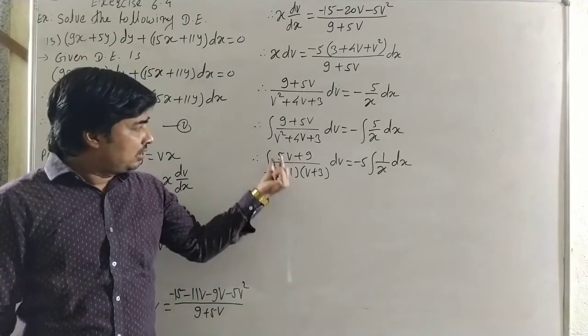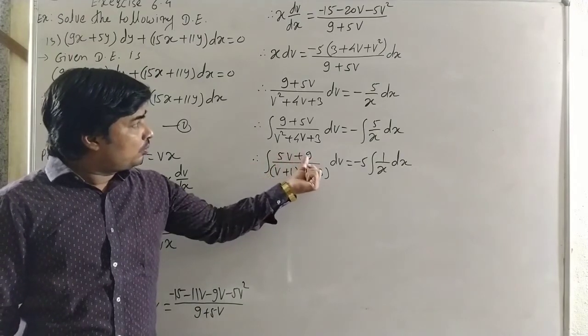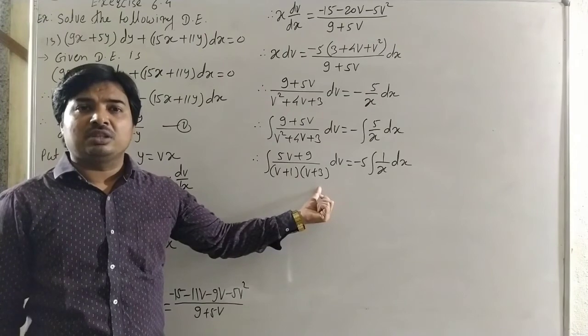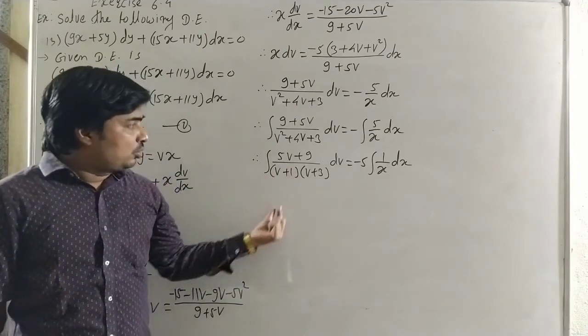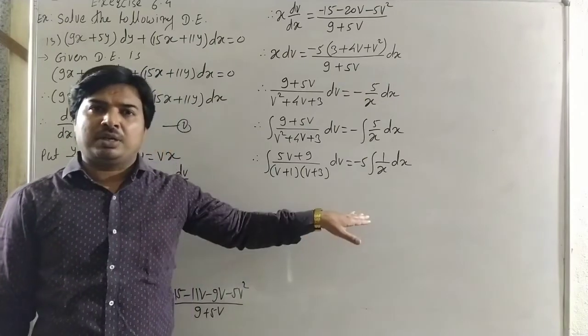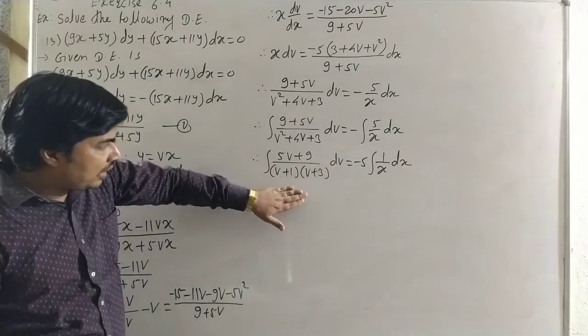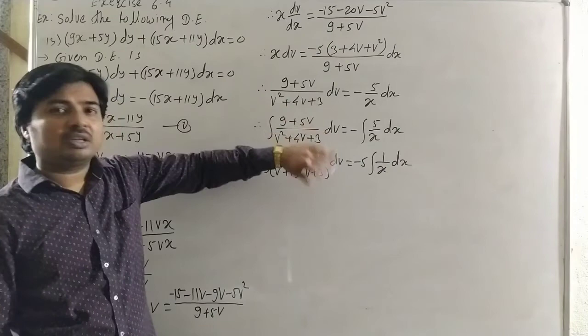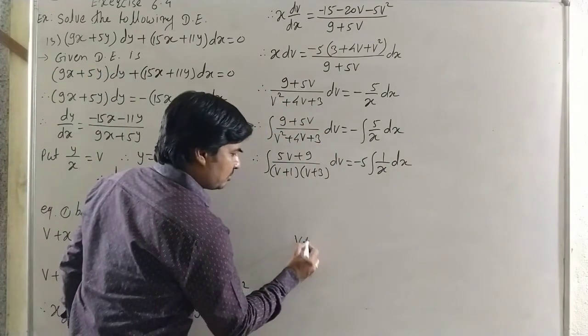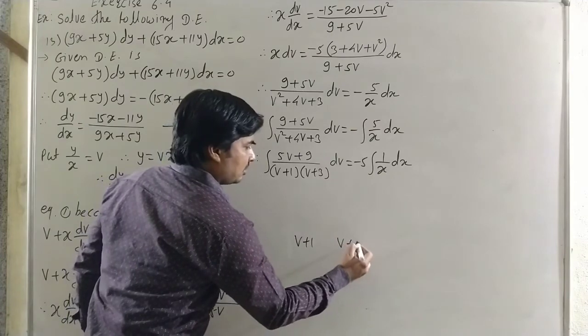We find (5v + 9) upon (v + 1)(v + 3) is equal to A upon (v + 1) plus B upon (v + 3) by partial fraction, or directly we adjust these two linear factors in the numerator. Here the two linear factors are v + 1 and v + 3.